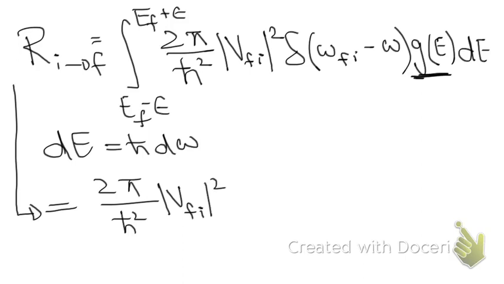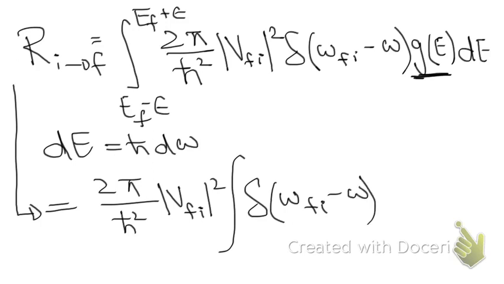We can take all of this outside the integral, and then for our integral we have the Dirac delta function of omega FI minus omega, G(E), that is the density of the states, times my h bar d omega.